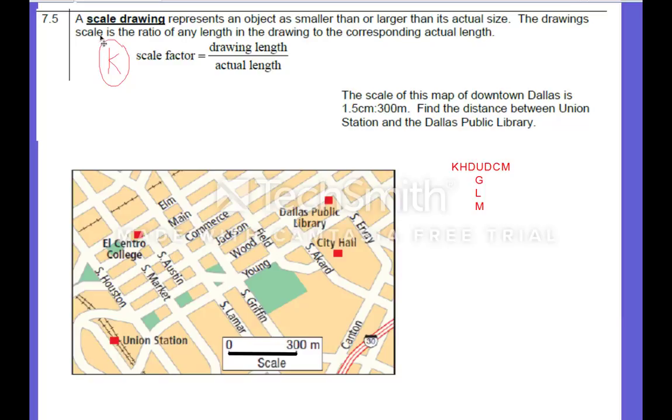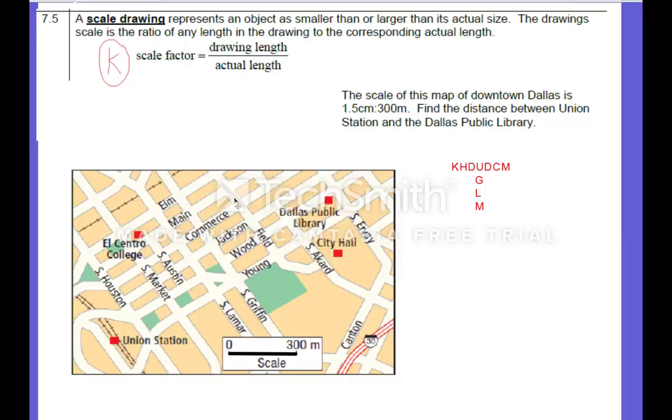And this drawing has a scale factor, which we call K, and that represents the drawing length over the actual length. So when you do that, you'll create a multiplier. And in this situation, the scale of the map of downtown Dallas is 1.5 centimeters to 300 meters.